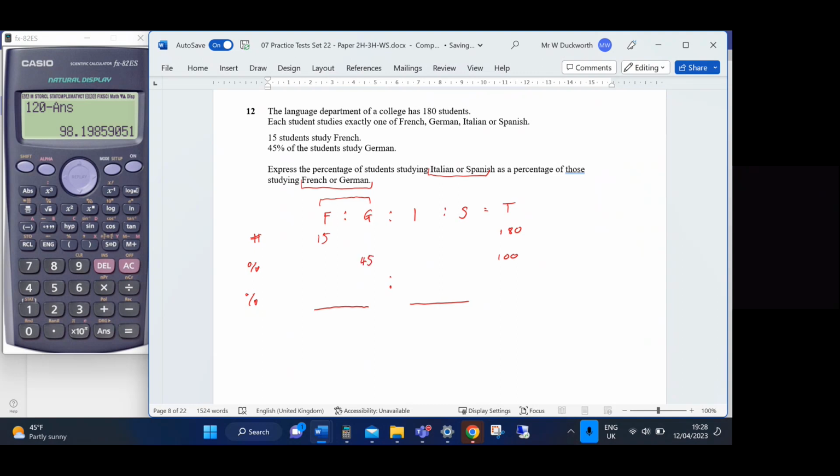Okay, so I'm not going to mess around too much. I'm going to work out first of all 15 as a percentage out of 180. So 15 divided by 180 times 100. 15 study French. Right.